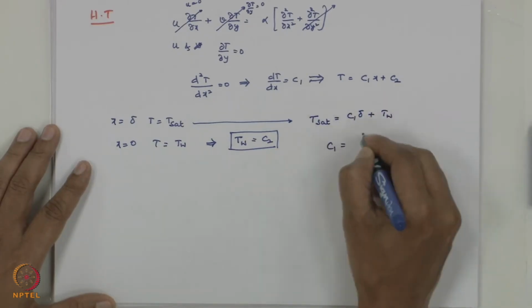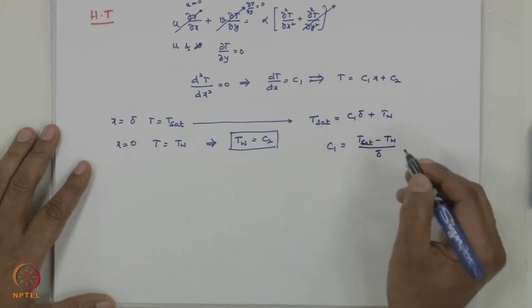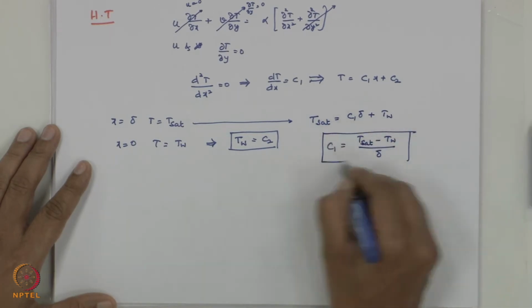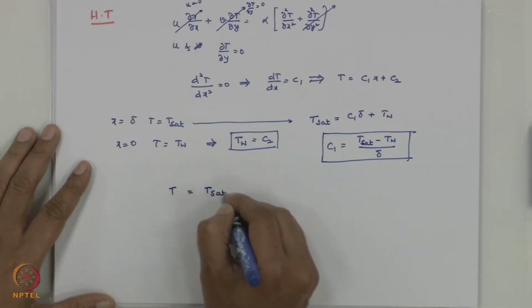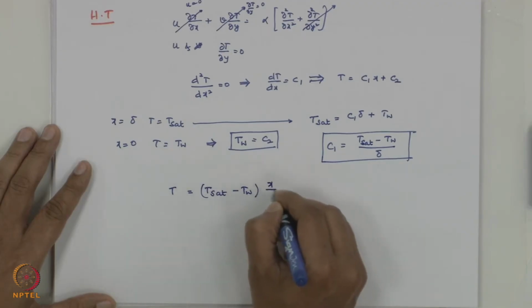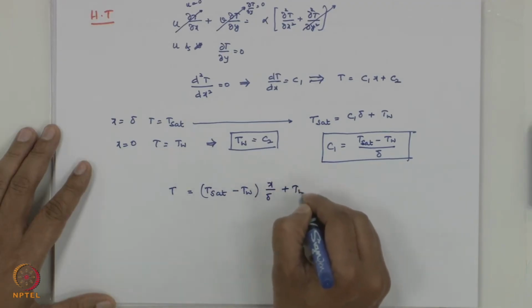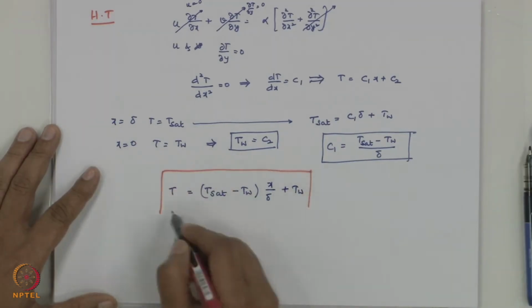So C1 equal to (T sat minus T wall) by delta. So T equal to (T sat minus T wall) into x by delta plus T wall. This is my linear temperature profile.